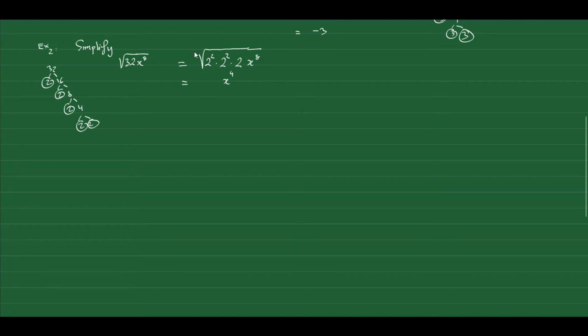The exponent here and the radical index over here is 2, so you cancel that. You have 2 squared, which is 4, so 2 times 2 is 4. So what you have left is the number 2 inside the radical.